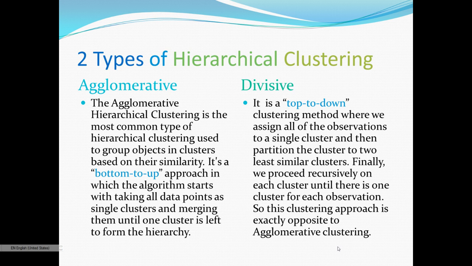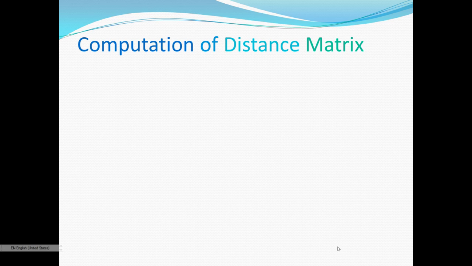Finally, we proceed recursively on each cluster until there is one cluster for each observation. It is exactly opposite to the agglomerative clustering because in divisive we have one whole cluster instead of many clusters, and we slowly split them apart into two clusters, three clusters, four clusters till all the points have their own cluster.